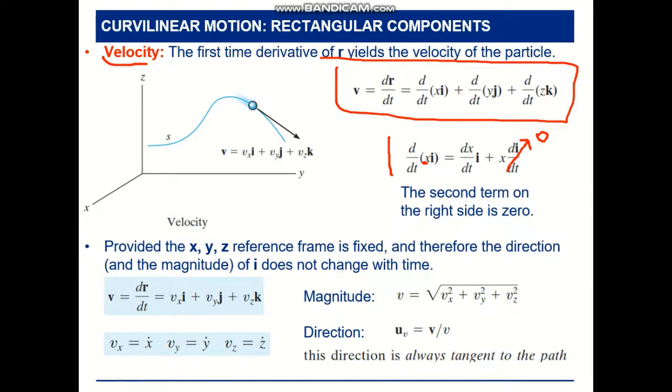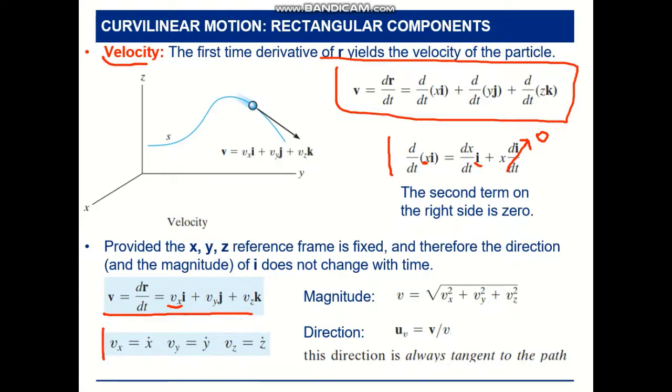So dx over dt i, dy over dt j, dz over dt k is the final velocity component. Instead of dx over dt, we can write vx, the x direction velocity, and likewise the y and z direction velocities.